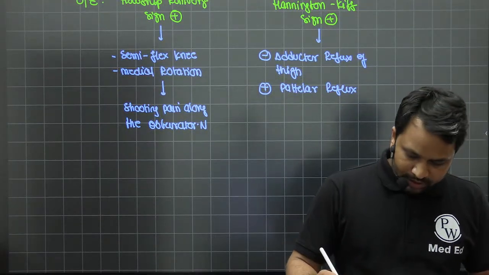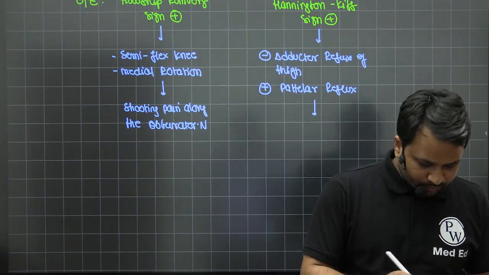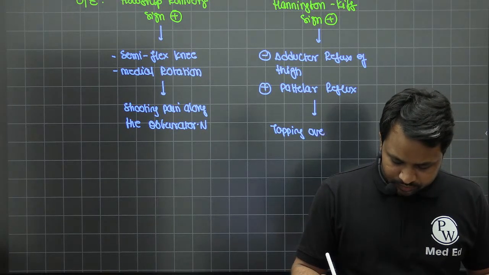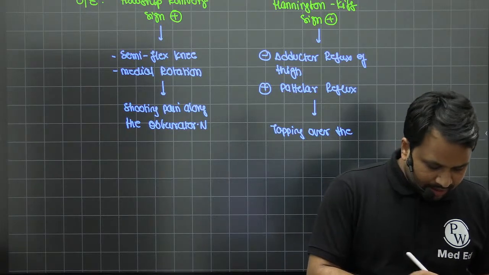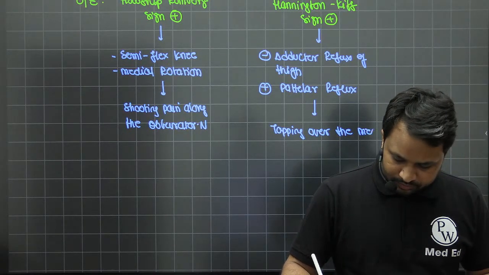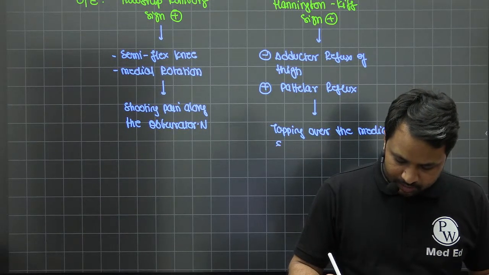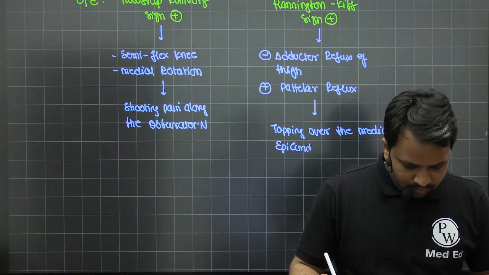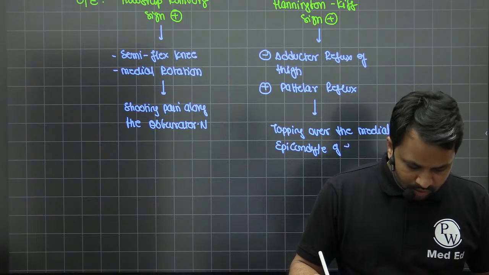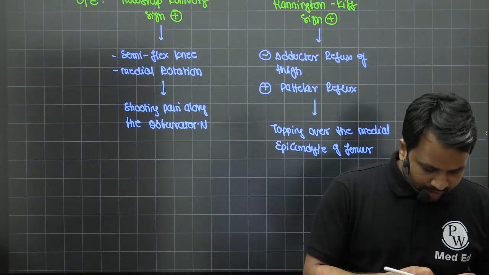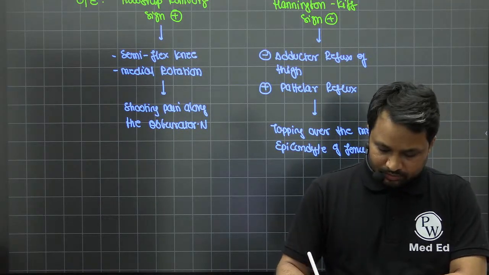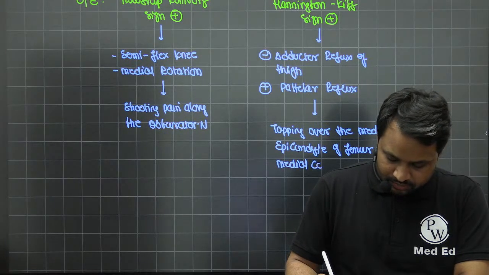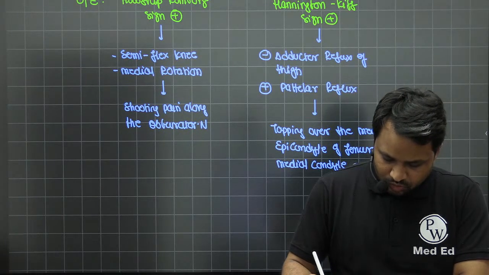So what you have to do is tap over the medial epicondyle of the femur, or I can say the medial condyle of the tibia.